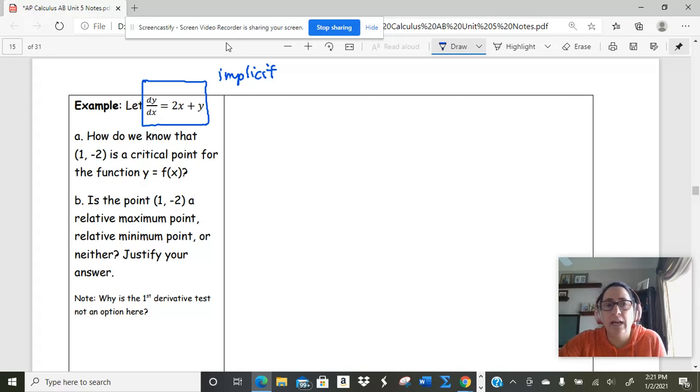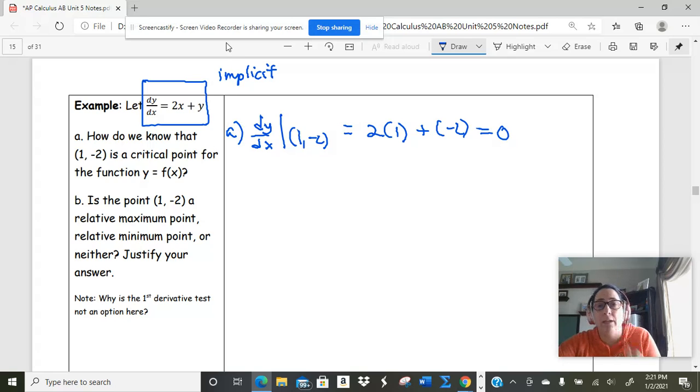So A says, how do we know that (1, -2) is a critical point? Well, a critical point is where the first derivative equals 0. So let's go see if that's true. And it is. So we know that it is a critical point because the first derivative equals 0. Then it says, is this a maximum, a minimum, or neither? And I don't know.